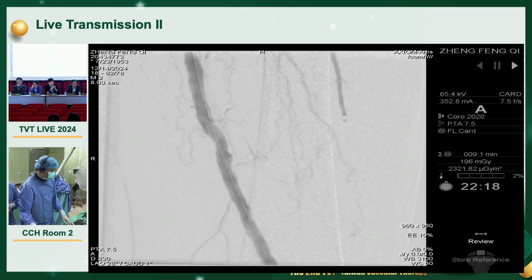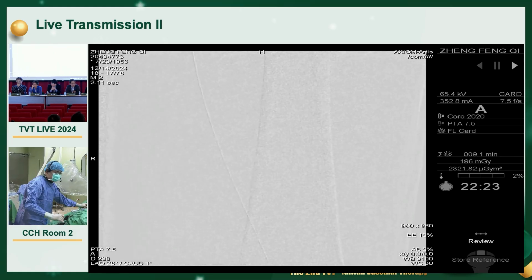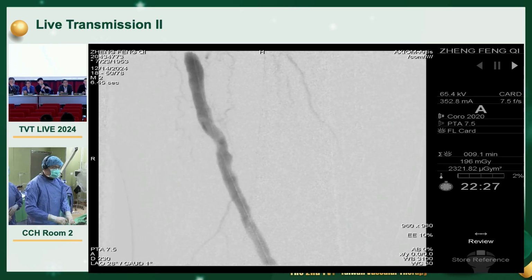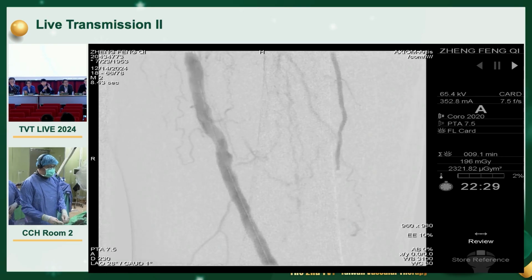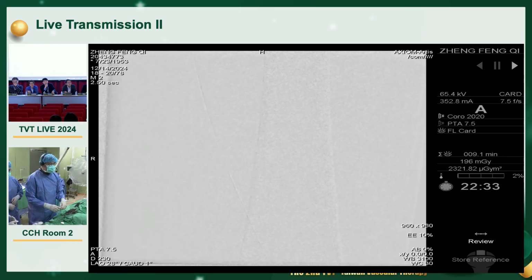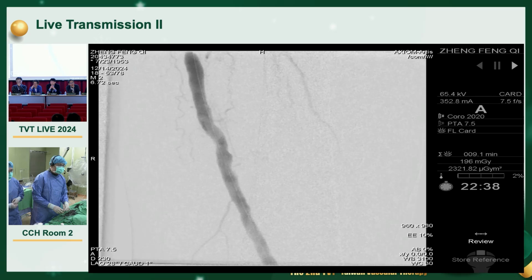Okay, congratulations. Any comments from the panelists? Should I do the IVUS scan for the post-dilation of the lesion after the balloon angioplasty? Dr. Zhang Jintang. Hello.